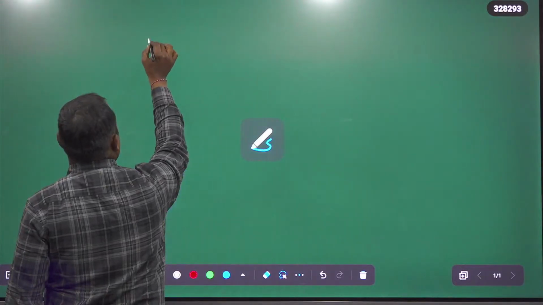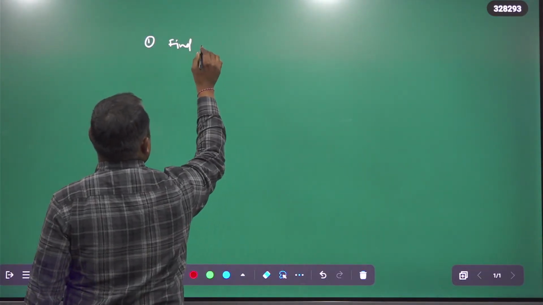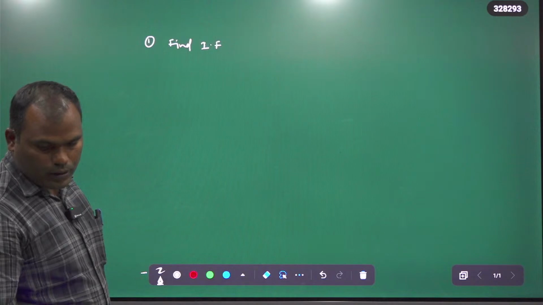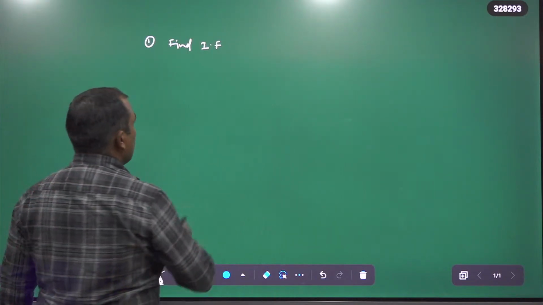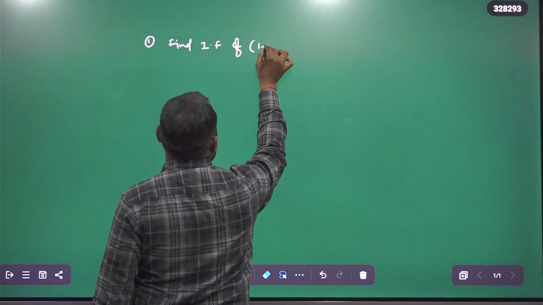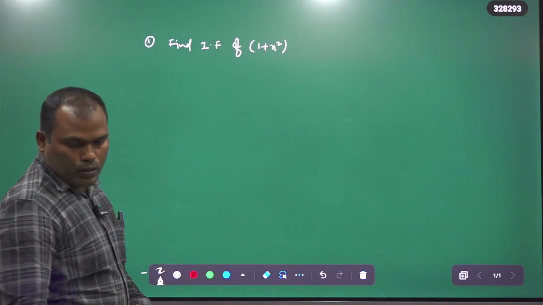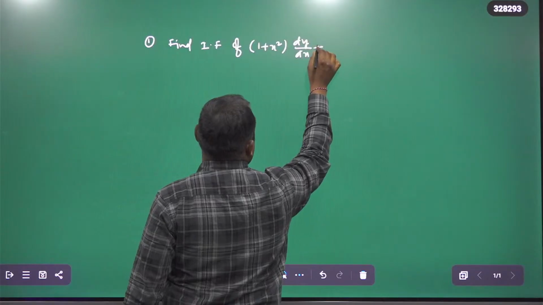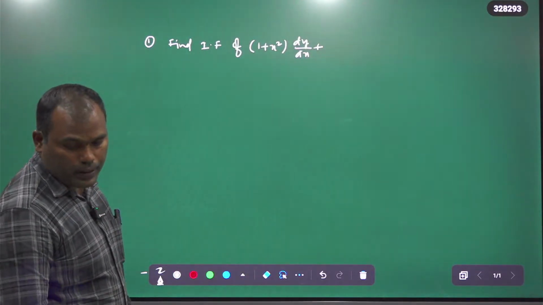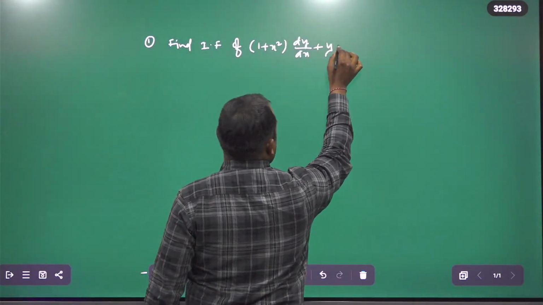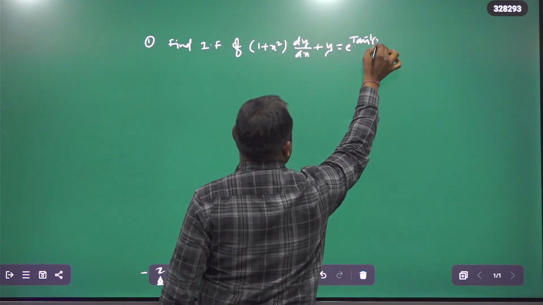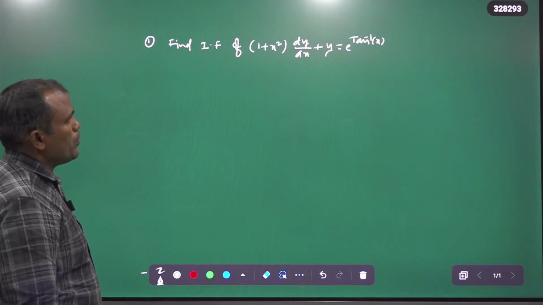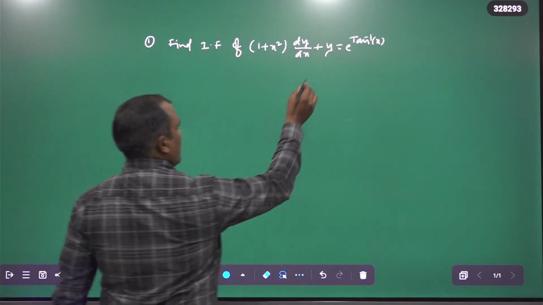Find the integrating factor of 1 plus x square into dy by dx plus y equal to e to the power of tan inverse of x.